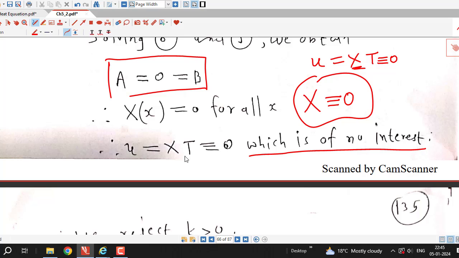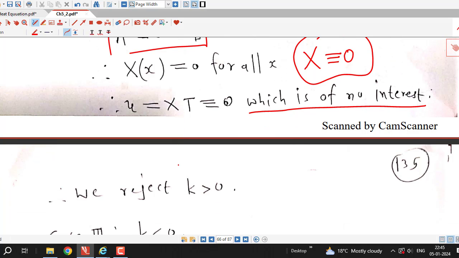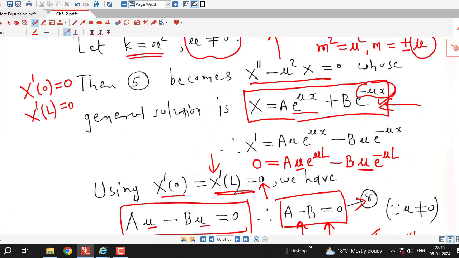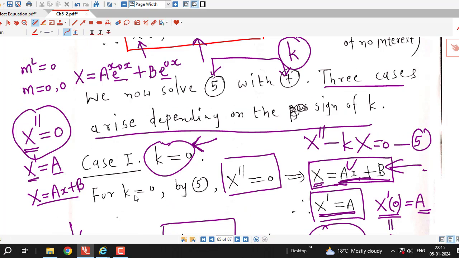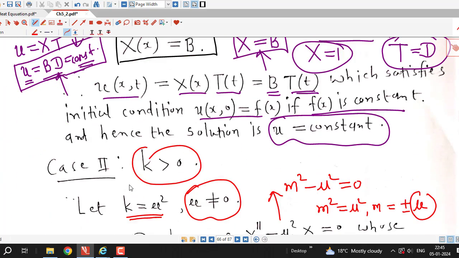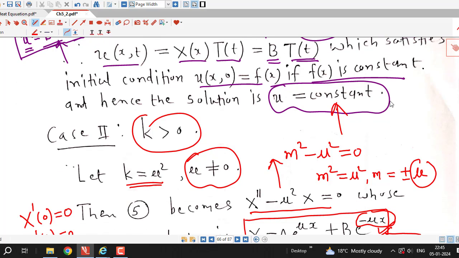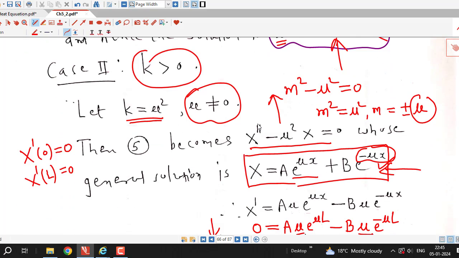This is trivial solution, therefore we reject this case that k is greater than 0. In first case we are considering k equal to 0 because in this case we obtain non-trivial solution, but that solution is u equal to constant, but we have to be careful that here we obtain non-trivial solution.